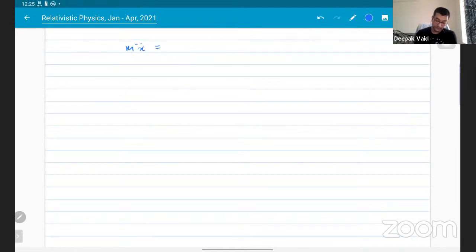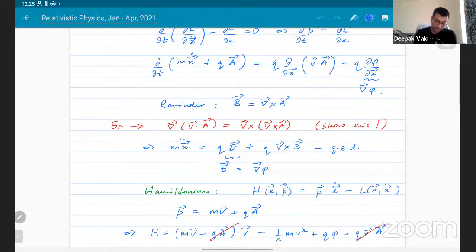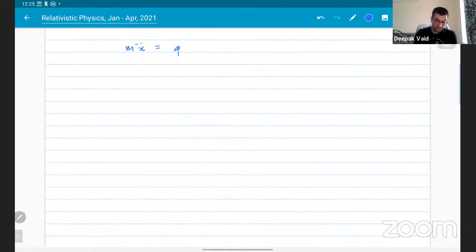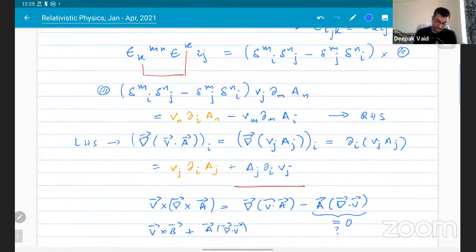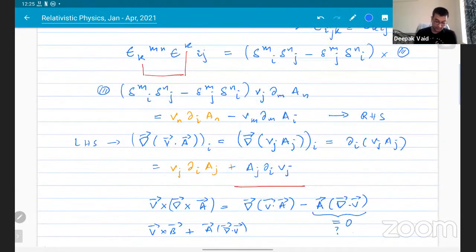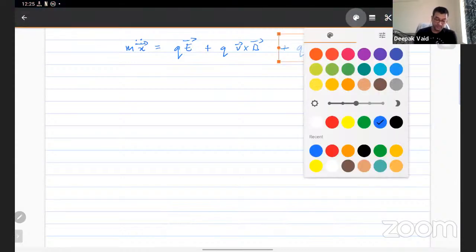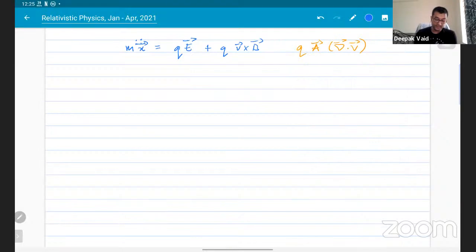M x double dot equals QE plus Q times V cross B plus Q A times the divergence of V, right? So this term is present. It doesn't vanish identically due to algebra, right?